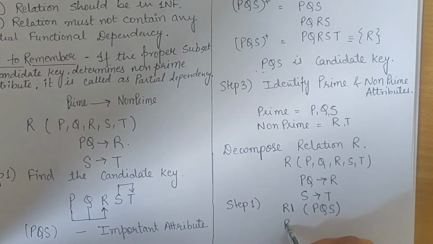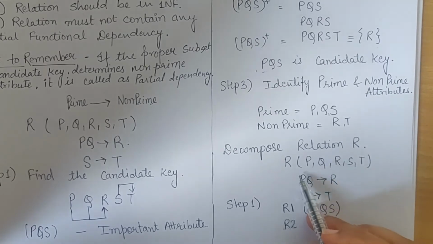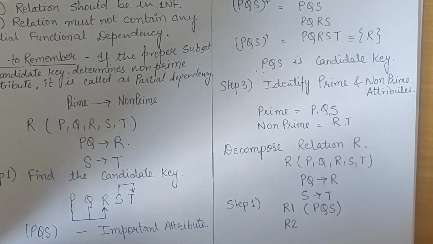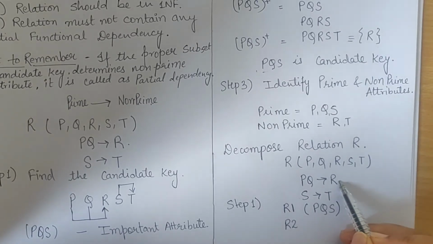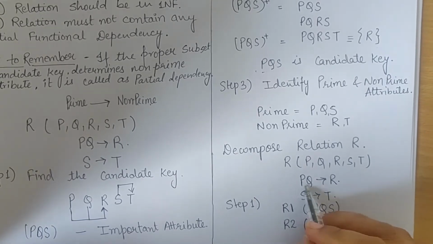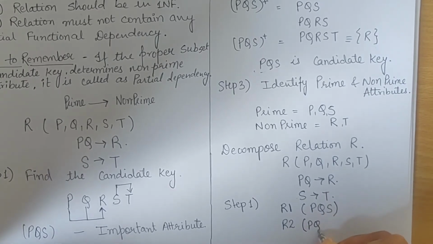Now, another table of this decomposition, I will have for the dependency because of which I am getting partial dependency. So this functional dependency is also creating problem, and this functional dependency is also creating problem. So here I will accommodate PQ for another table.